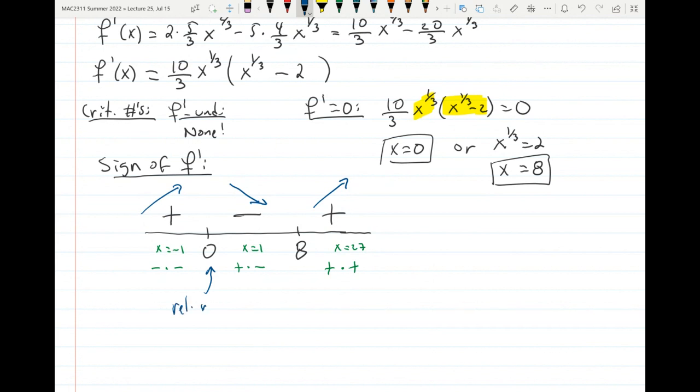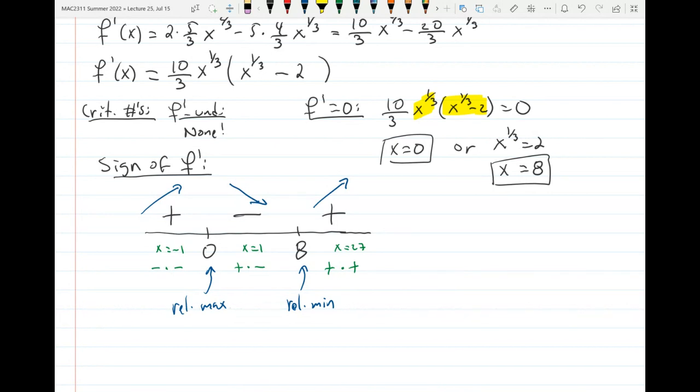So this is now a relative max, right? And this one here is a relative min. Because again here you can think of the function as doing this, and here you can think of the function as doing this. All right, so we have ourselves a relative maximum and a relative minimum.